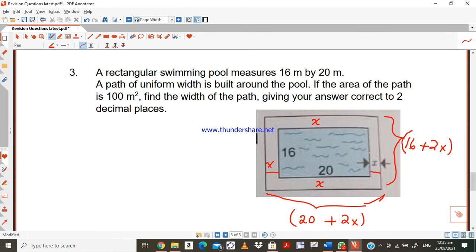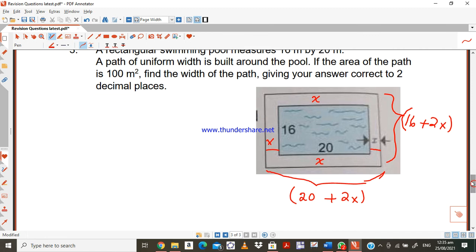So what we're going to do is take the outside dimensions, which is the 20 plus 2x, and multiply to find the area of that. And we're then going to subtract the dimensions that are inside, and we know that it should give us 100.